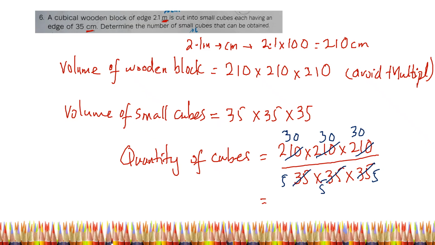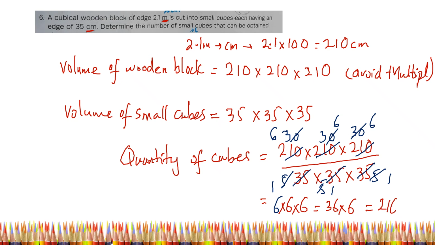Then 5 1s are 5, 5 6s are 30, three times. So you have to multiply 6 with 6 and again with one more 6. 6 6s are 36, and 36 multiplied by 6 will give you 216.